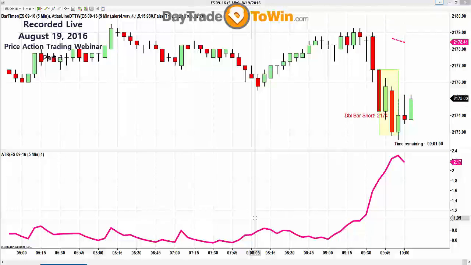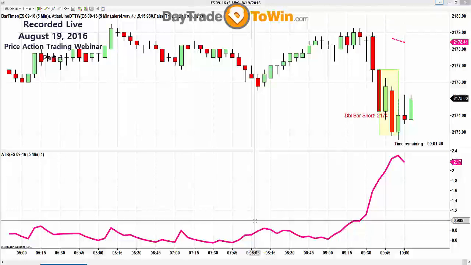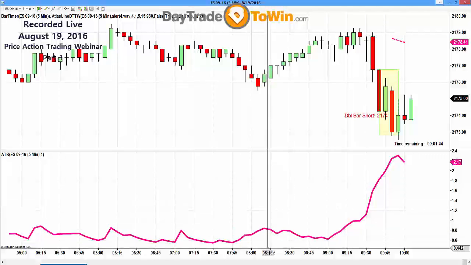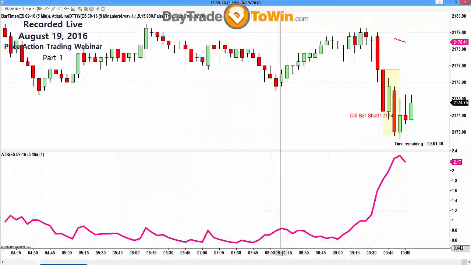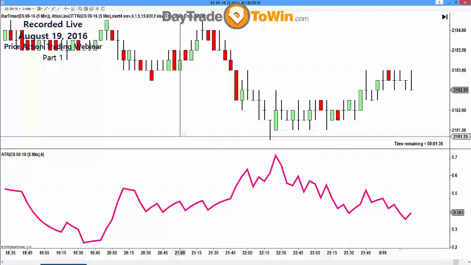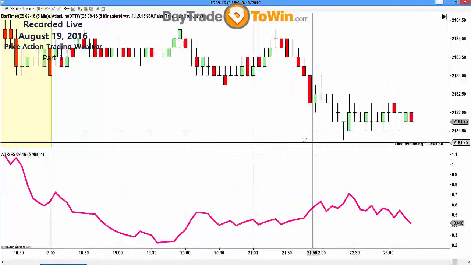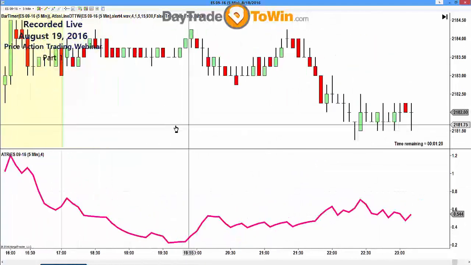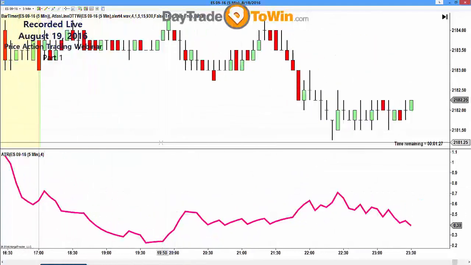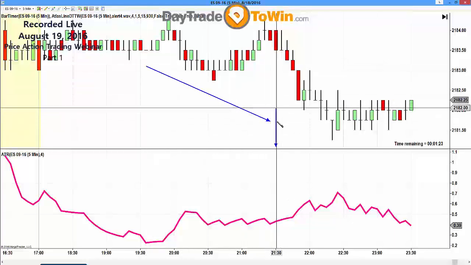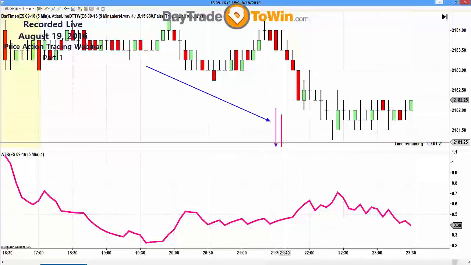I'll give you another example. When I look at yo-yo bars, there may be a Japanese candlestick interpretation for them, but for me, it's more important to see these candles with wicks here that tell me something is happening. If the trend is down and down and down, and I start seeing wicks, one wick is irrelevant, right?